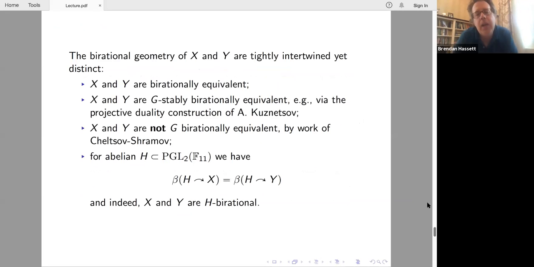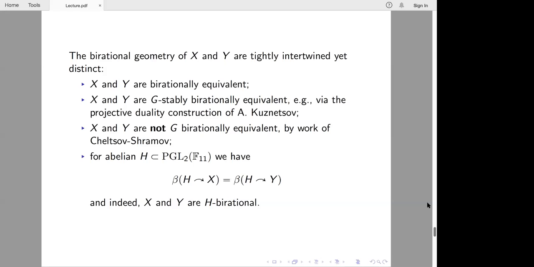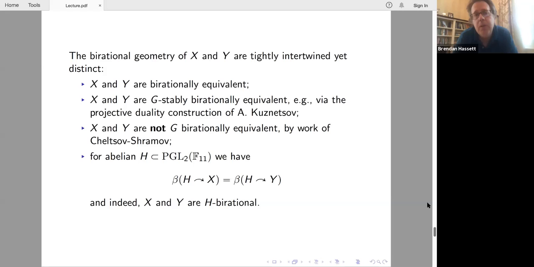Yeah, the punchline here is that the abelian invariants are insufficient to distinguish these examples. I see. So if we just look at abelian groups and look at the Kontsevich-Pestun-Tschinkel invariant, we cannot distinguish between these.